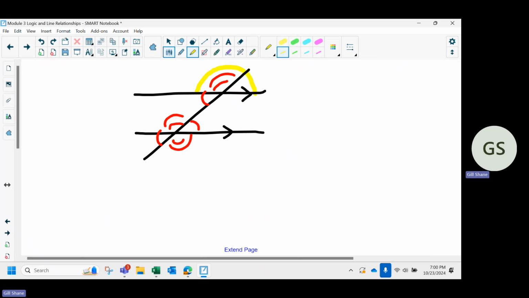So those would be two angles you would add together and set equal to 180. We know vertical angles, like down here, would be equal. So those would be two angles you would set equal to each other and then solve for x. That's just going to happen no matter which two angles you choose. Your only two options: you either set them equal or you add them together and they equal 180.